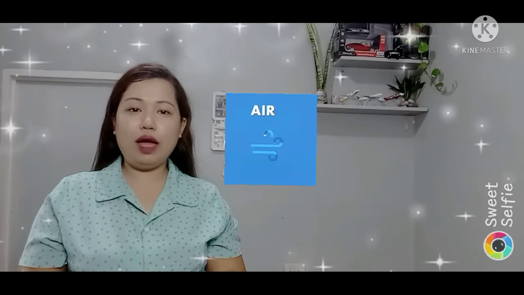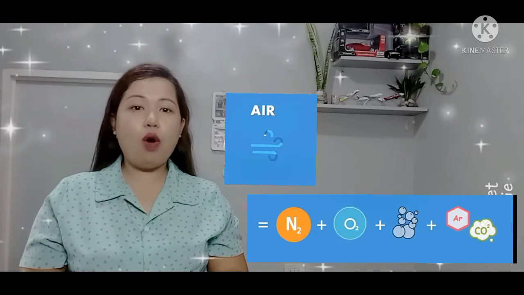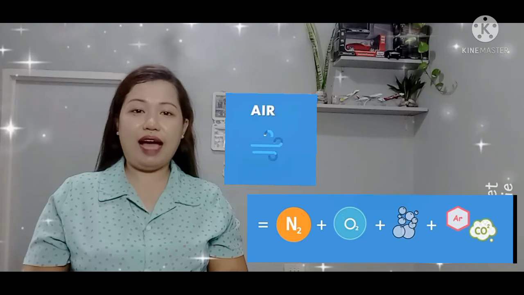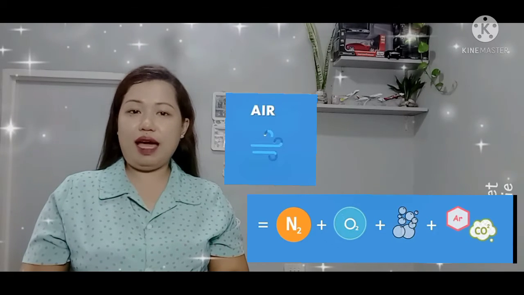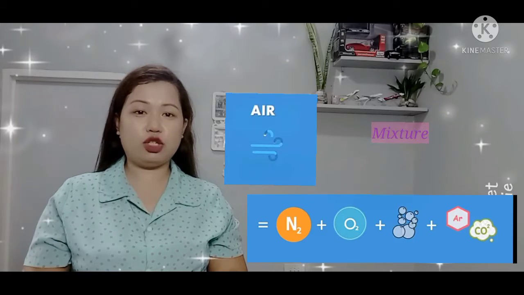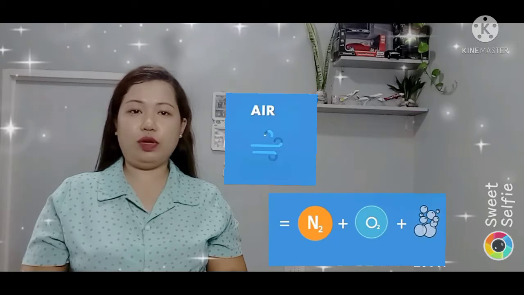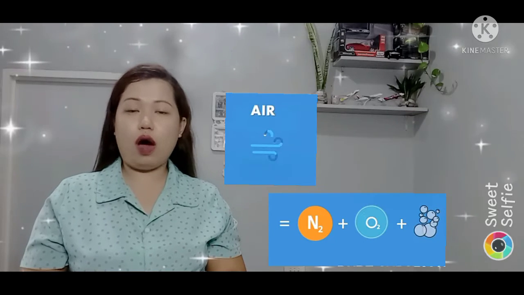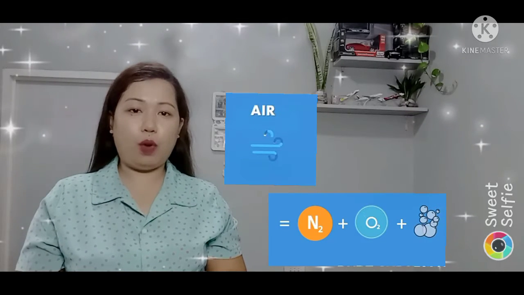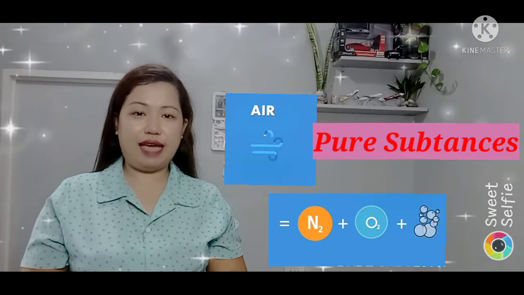Example: air, as we all know, is composed of nitrogen, oxygen, water vapor, and other gases. Then, we can say that air is an example of a mixture. But its components, nitrogen, oxygen, and water vapor, are examples of pure substances.